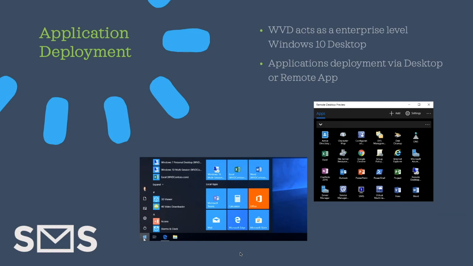We can set up single sign-ons, we can set up multi-factor authentication, and there is encryption at rest and in transit within the Azure stack as well. So access to unauthorized data becomes very difficult for people that you don't authorize to obtain. So WVD is a great solution now for centralized management for enterprise solutions.